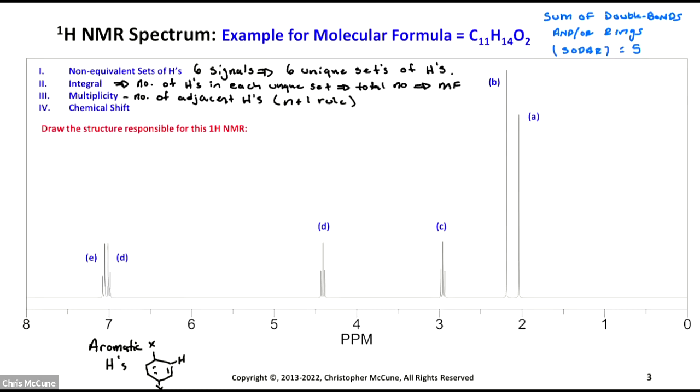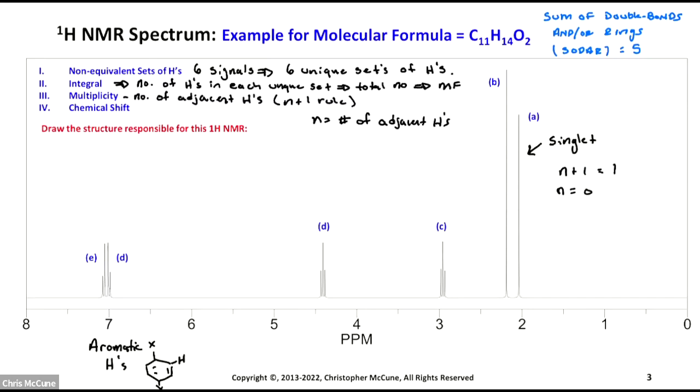So what I mean by N is the number of adjacent H's. So if I look at peak A, this is a singlet. And so N+1 equals 1. And so N is equal to 0.